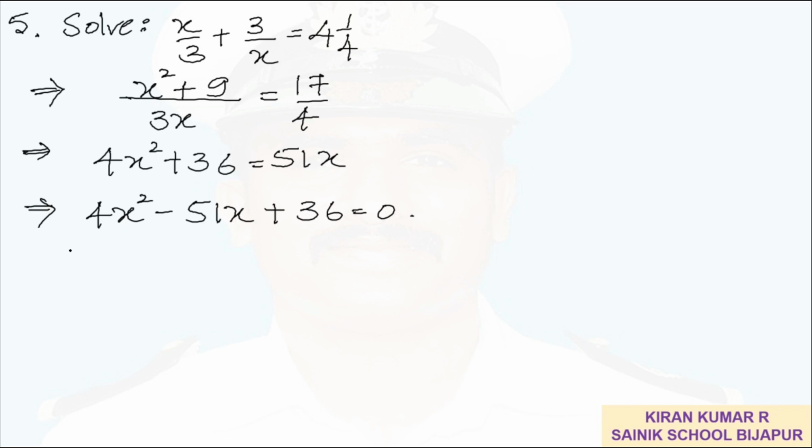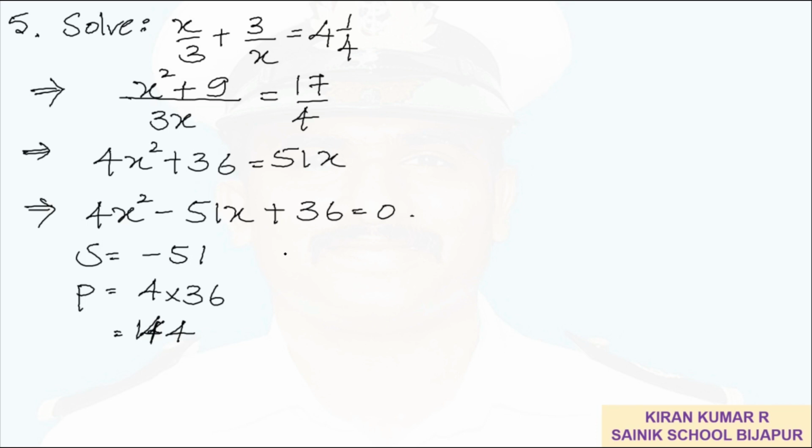Now we have to find the combination of two numbers to get the sum and the product. The sum is negative 51 and the product is 4 times 36, which is 144. Which are those two numbers which give 144 and 51?